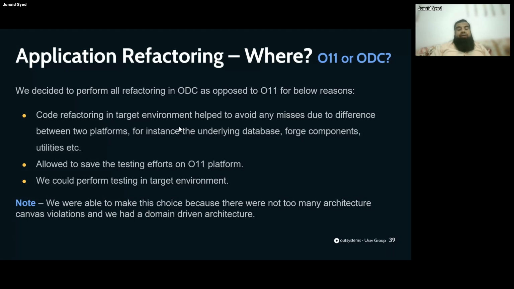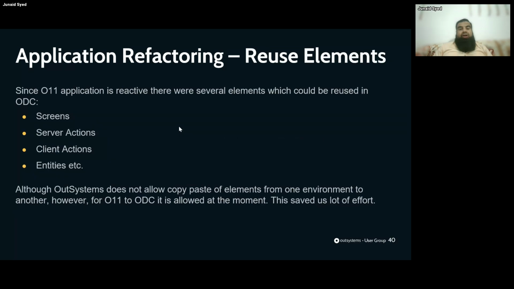So this was a strategy of where to perform refactoring. Now, reuse of elements. As of now, if you want to copy and paste your O11 application components to ODC, you can do it. There is no restriction.